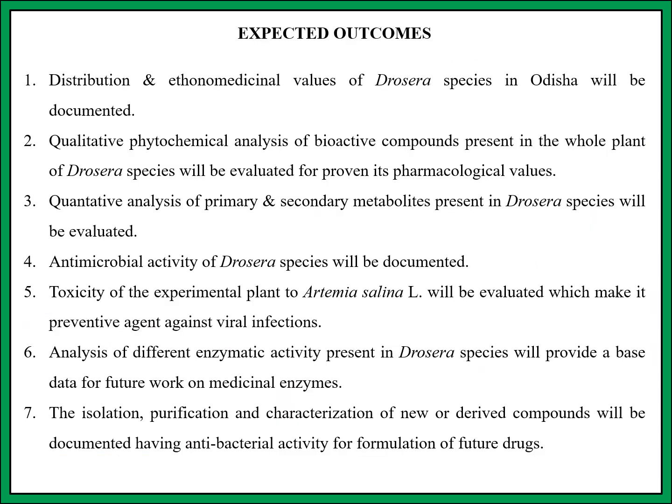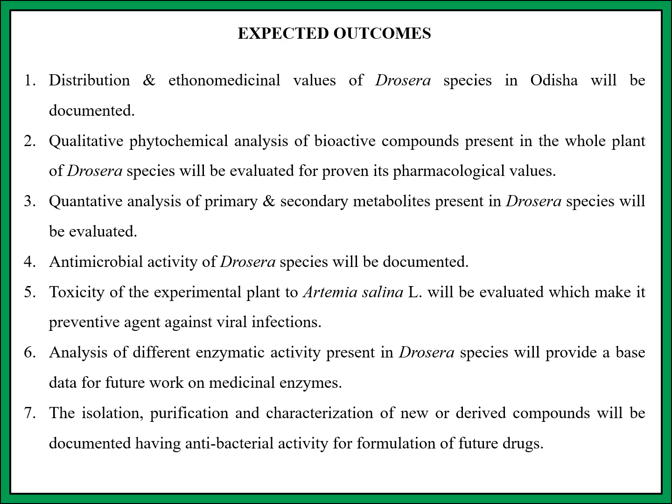Now, expected outcome. This is another important part. Like, distribution and ethnomedicinal values of Drosera species in Odisha will be documented. Qualitative phytochemical analysis of bioactive compounds present in the whole plant of Drosera species will be evaluated for proving its pharmacological values. Quantitative analysis of primary and secondary metabolites present in Drosera species will be evaluated. Antimicrobial activity of Drosera species will be documented.